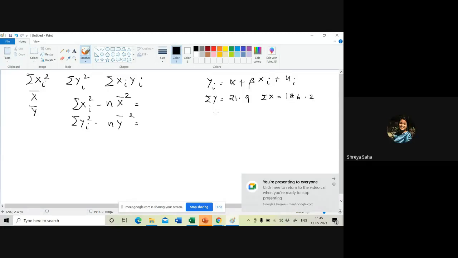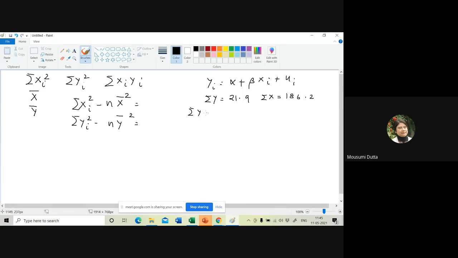Could you repeat the summation y once? Is it not visible? Oh sorry, I didn't look at the board. Okay, okay. Summation y means yi. Summation y minus y bar whole square is equal to 86.9.